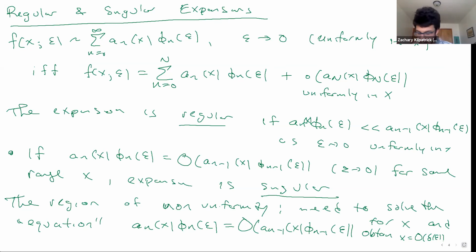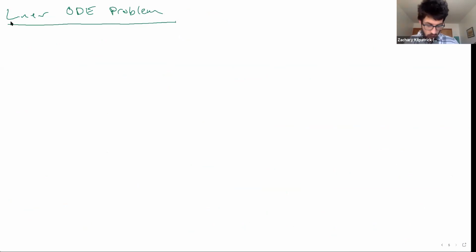So just to start with, let me look at a linear ODE problem. We're going to take the equation y sub tt plus y is equal to epsilon y for t greater than 0.